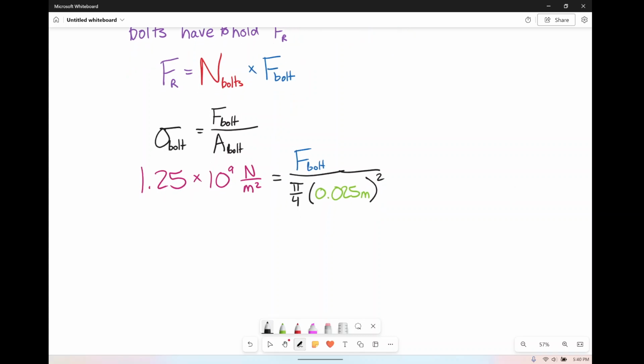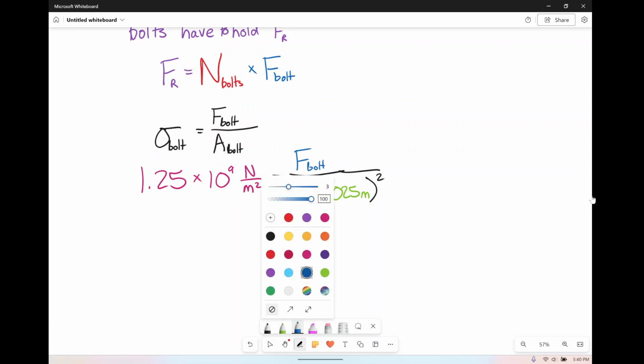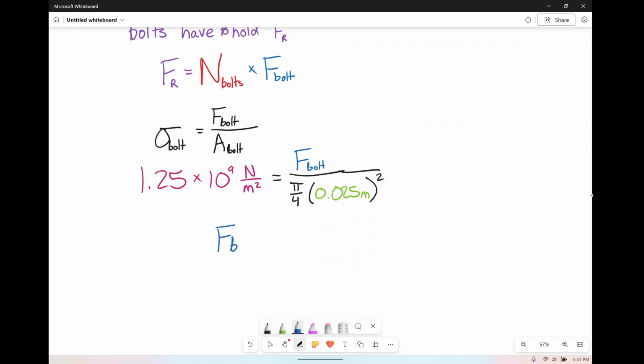So now obviously we can solve for the force of the bolt. And the force per bolt is going to be 613,592 newtons. Okay, that's pretty significant, you might think.